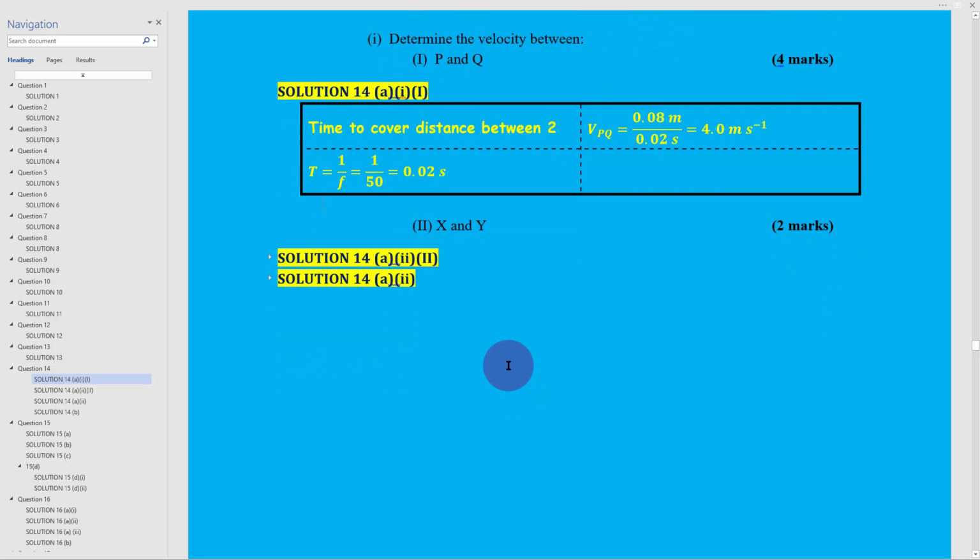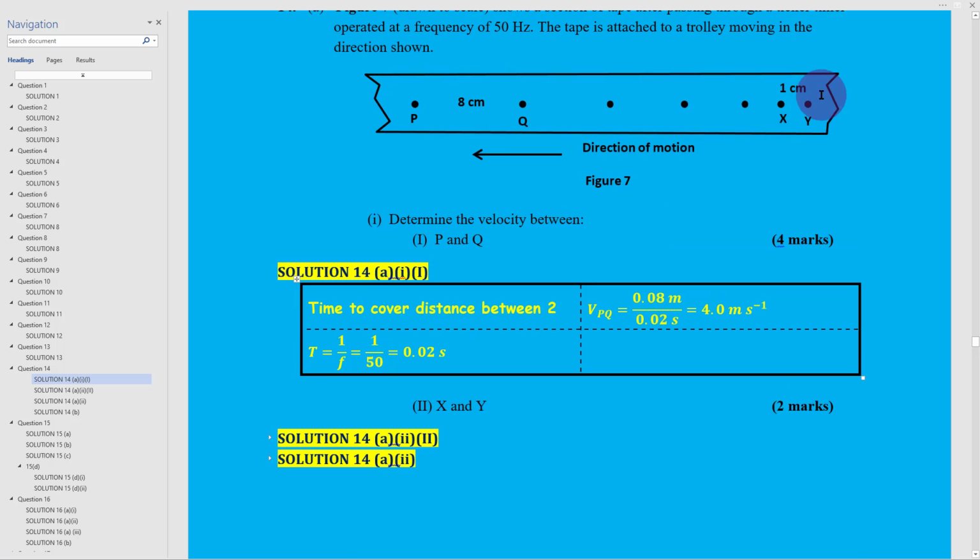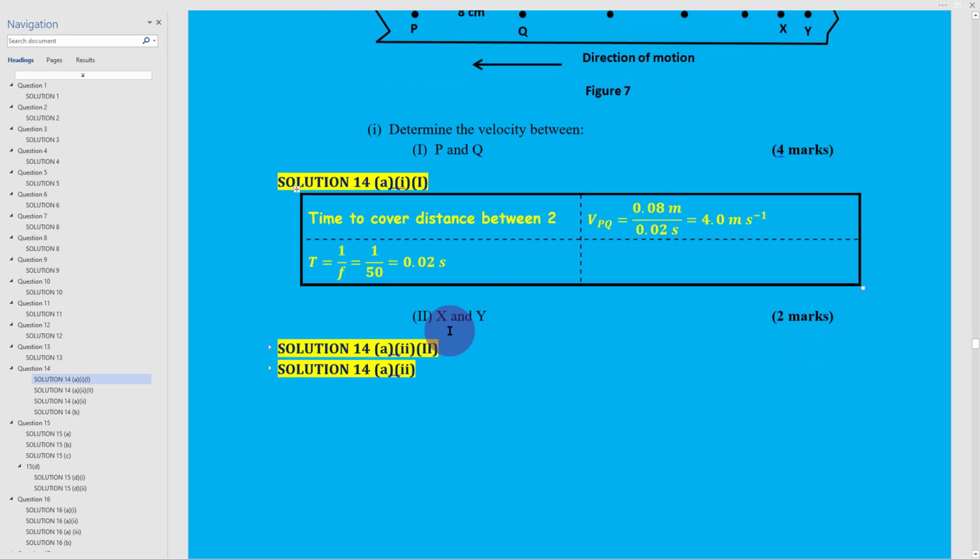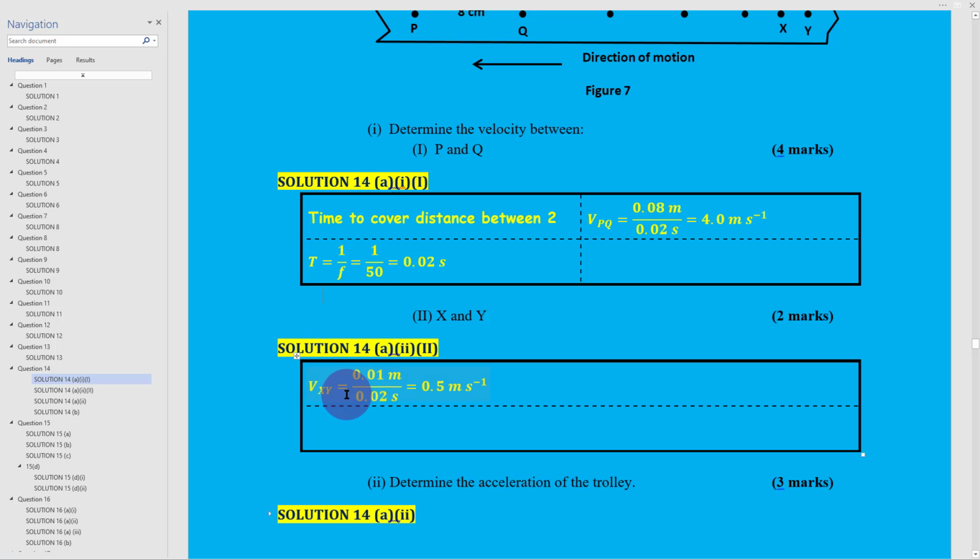How about the speed XY? XY is a distance of 1 centimeter, which is 0.01 meters. How do I get that speed? Of course, it's very simple. It is 0.01 meters divided again by 0.02. I get 0.5 meters per second.